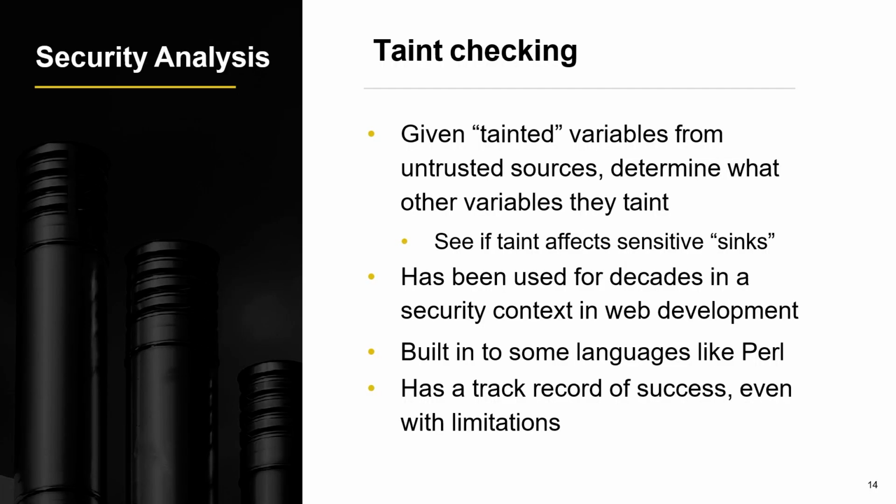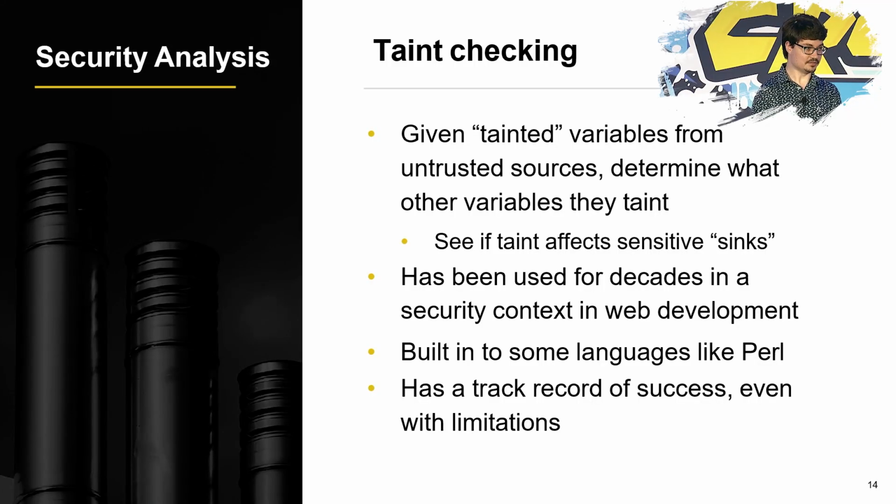This has been used for decades in a security context in web development, and it's used enough that it's built into some web development focused languages. Perl comes with taint checking tools at the command line built in. So even with the limitations of static analysis that I went over, it does have a track record of success, at least outside of ICS.